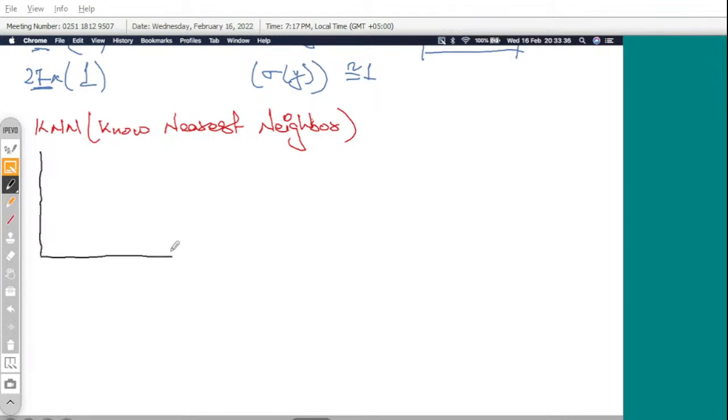So let me just use an example. Suppose pulse rate and blood pressure.